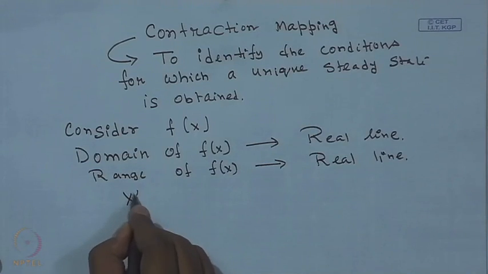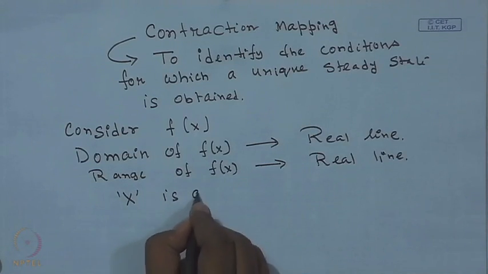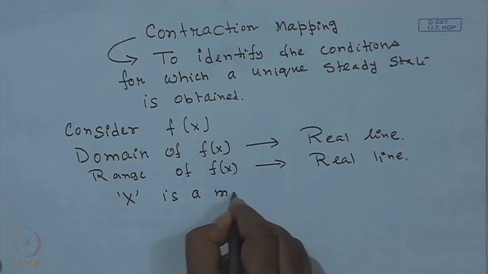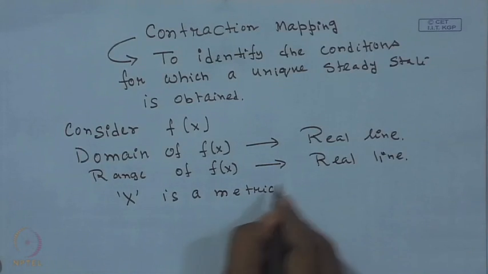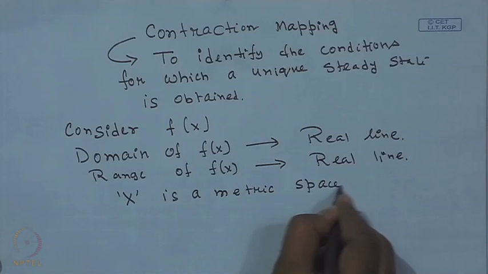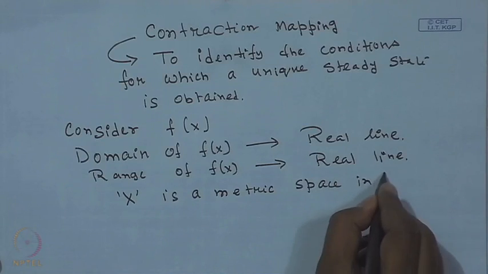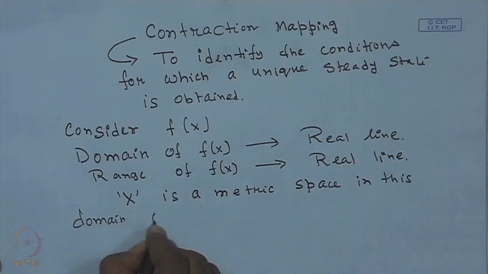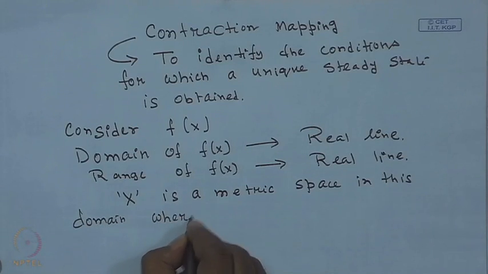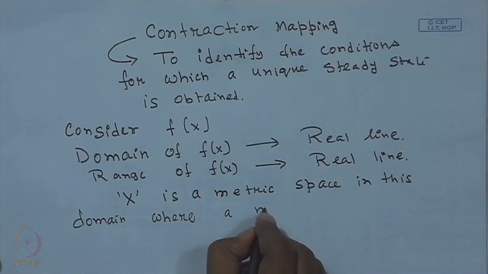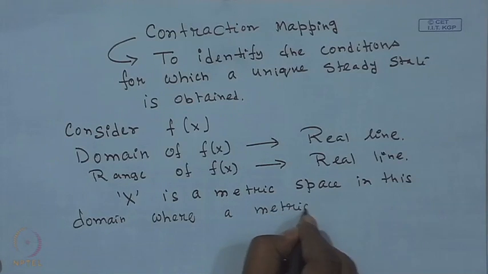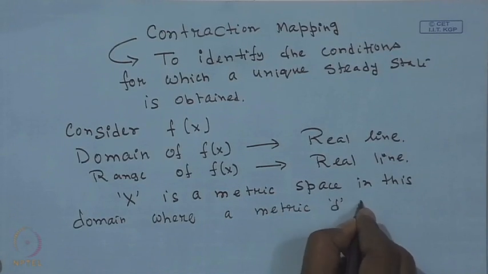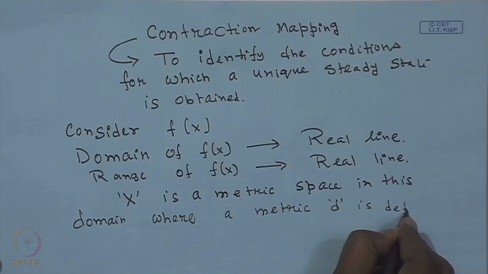Now, X is a metric space in this domain where a metric D is defined.